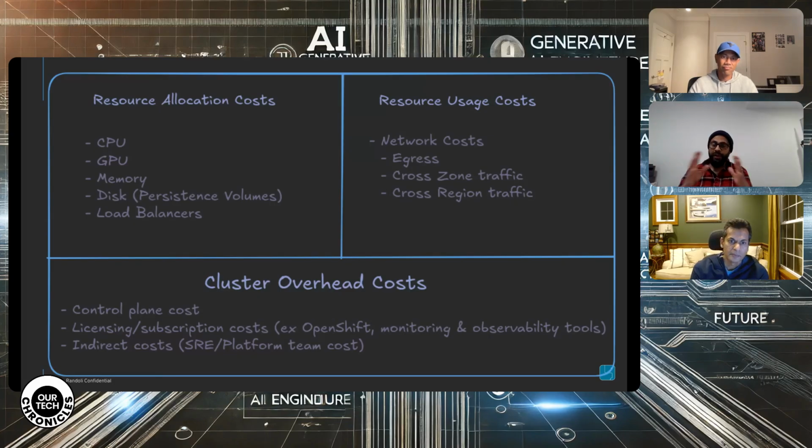Then you have cross zone traffic. The recommended pattern for deploying a high availability Kubernetes cluster is to deploy your cluster across three availability zones so that you can tolerate an outage from a cloud vendor in a particular availability zone, right?